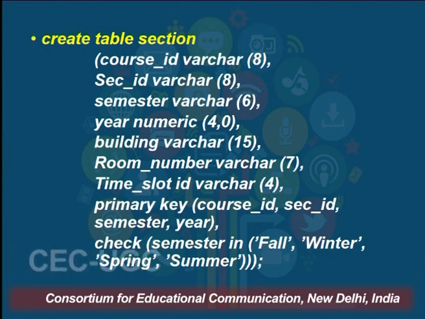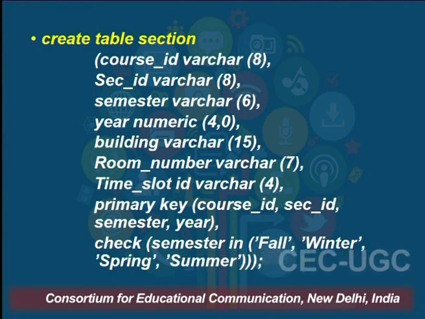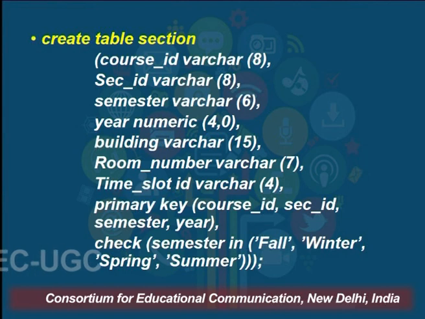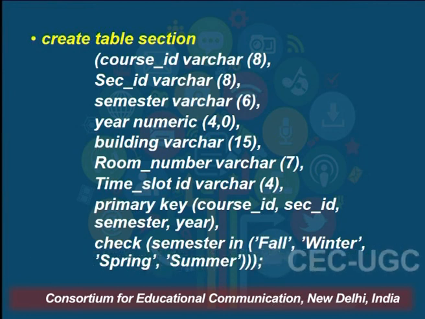Apart from that, the last 4 lines are specifying the constraints. We have seen primary key, course ID, section ID, semester, year. So, the combination of all these 4 fields, which is course ID, section ID, semester and year, must be unique and not null as well, because we have defined it as a primary key.